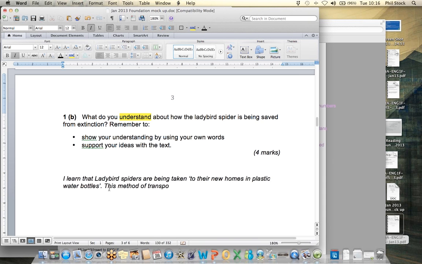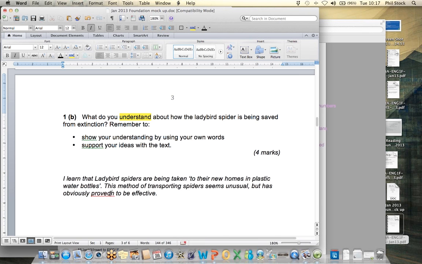So this method of transporting spiders seems unusual, but has obviously proven to be effective.